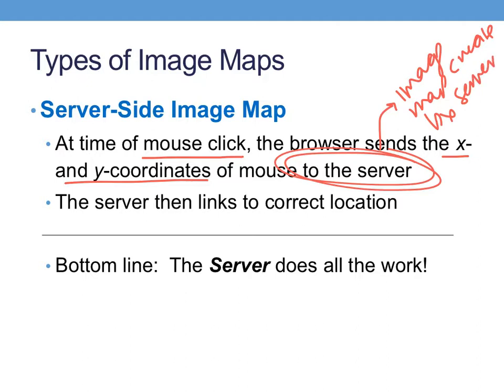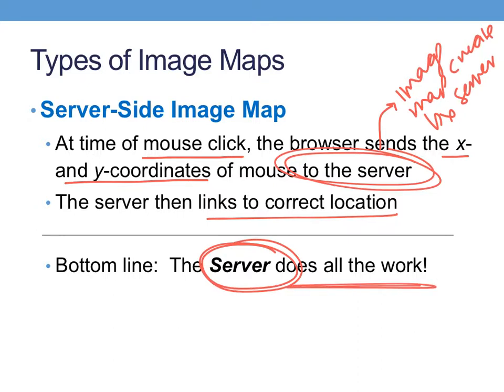The server then links to the correct location. So the big thing with server-side image maps is that the server, where that image map is stored and created, does all of the work. The browser just displays things. The server gets sent the XY coordinates, figures out where it's supposed to go, and then links to that location. So server-side image maps link and do all of the work with a server.